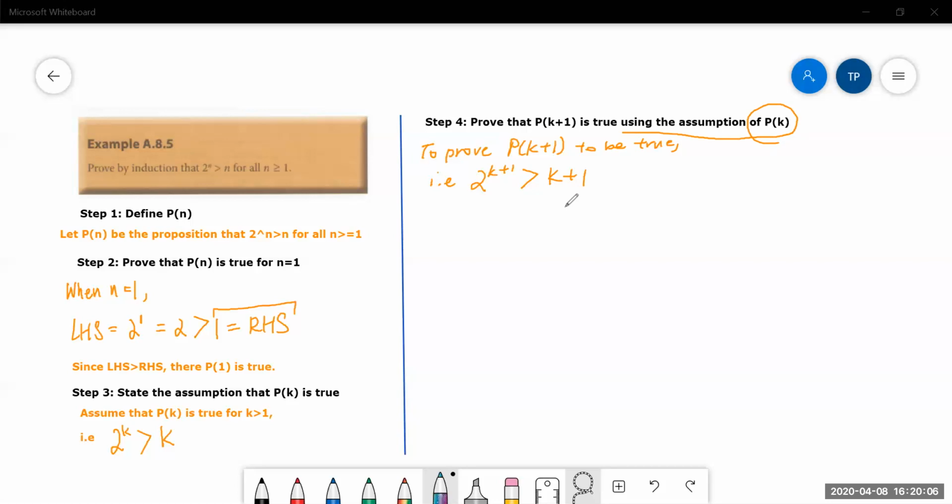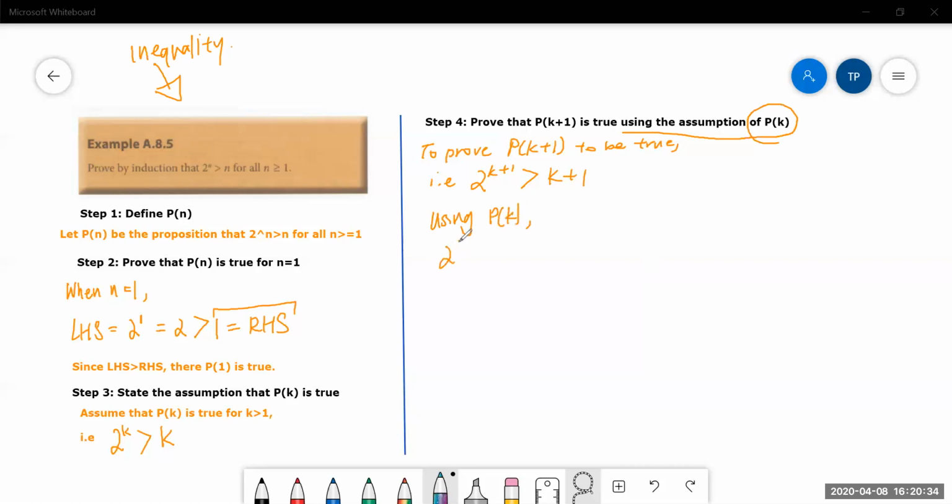The second one was divisibility. The third one over here is inequality. For this inequality setup, you have to prove it a bit differently. You cannot show from the left hand side to the right hand side. So we have to use PK.